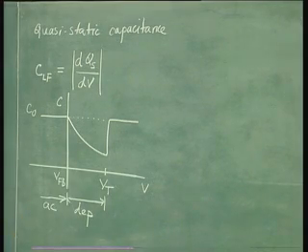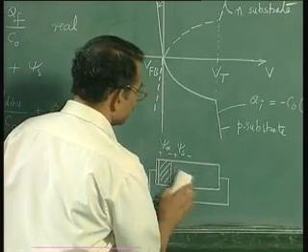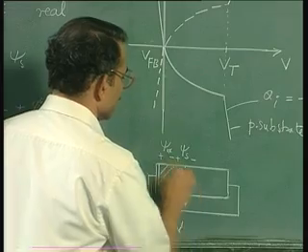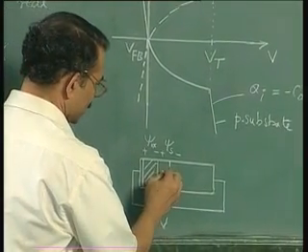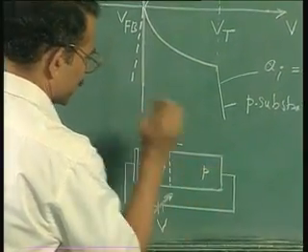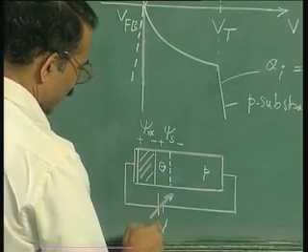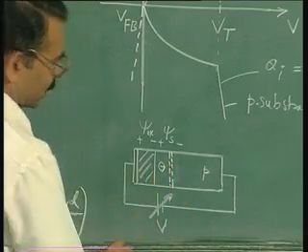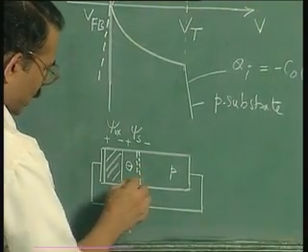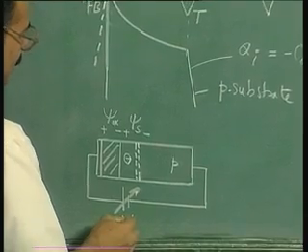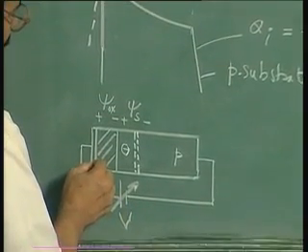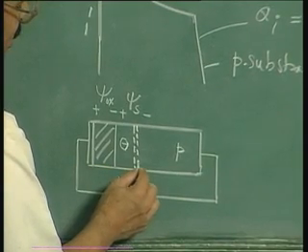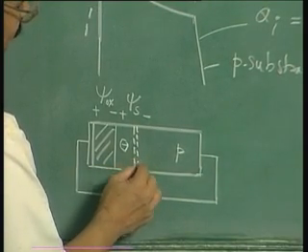If you look at this MOS capacitor, when the device is in depletion, you are creating a depletion layer, and this is the charge of ionized impurities. We are taking a p-type substrate. When you make a change in the voltage, there is a change in the charge, and that change occurs at the edge of the depletion layer. So therefore, if you take only the changes, you find that there is a change in positive charge at the gate located here, and there is a change in the negative charge in the semiconductor located at the edge of the depletion layer.